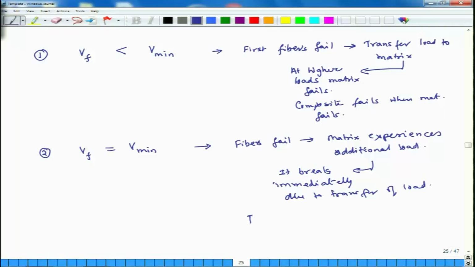So, failure of fiber, matrix and composite happens at the same load.